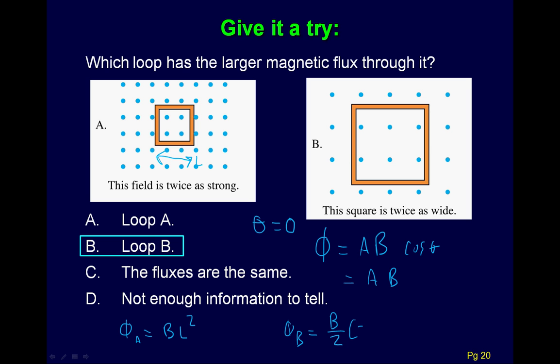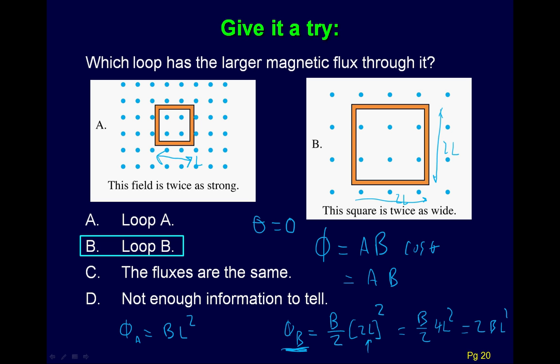However, the length is twice as long, so it's 2L squared, because the length is 2L, but to find the area I've got to square that, since we've also made this side twice as long. When it's all said and done, I get B over 2 times 4L squared, which is 2BL squared. So the second case is bigger.